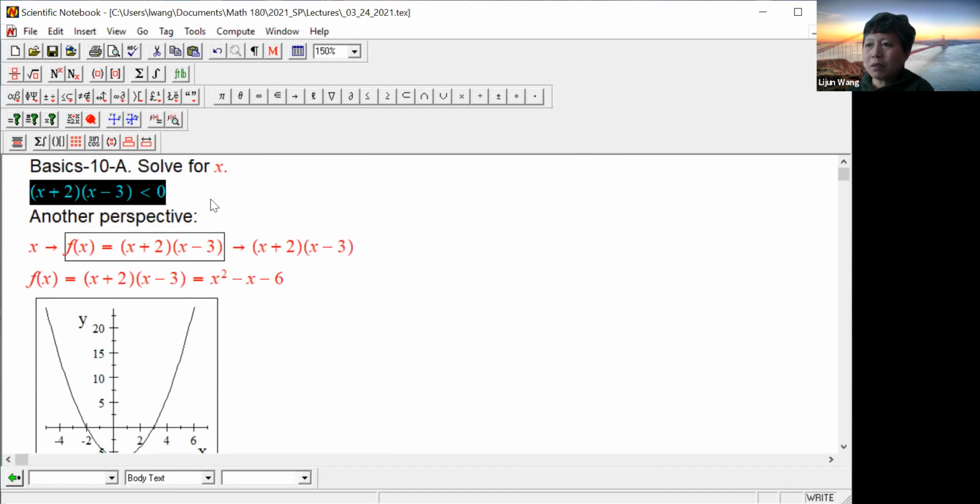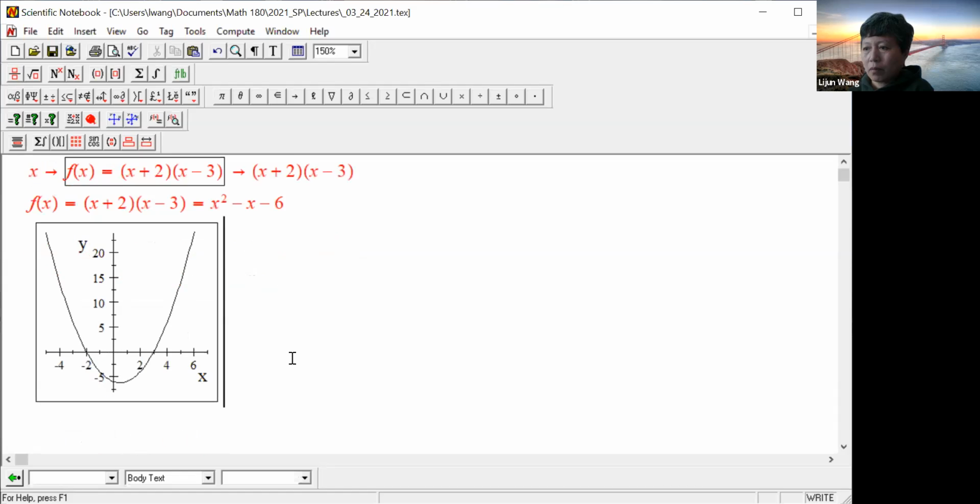What is this if statement about? If you make a connection between the function and input-output perspective, we want this output to be what?